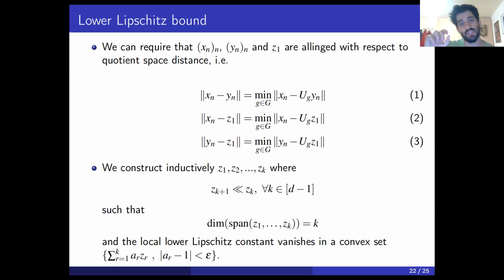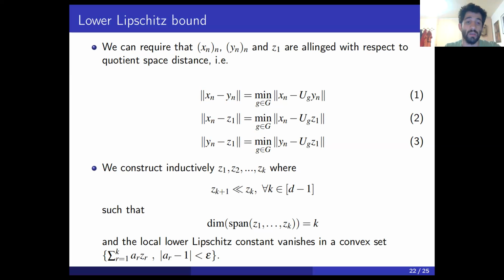by using this z1, we're able inductively to construct a sequence of vectors z2 through zk, such that each vector is much smaller than the previous one. So imagine a nested sequence of vectors, such that the dimension of the span of z1 through zk is always k, so they're all linearly independent.